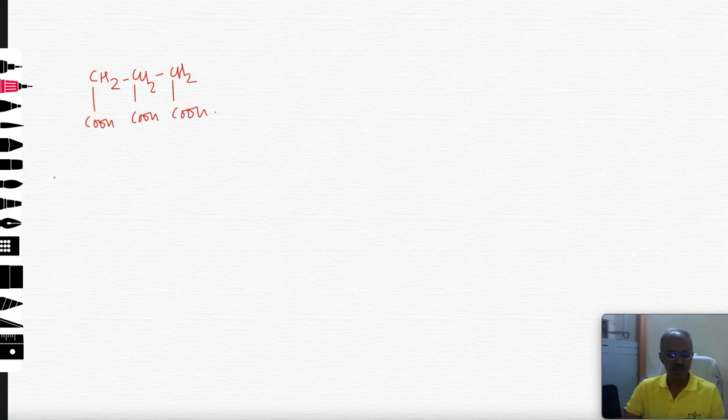Take for example CH2, CH2, CH2. Here take COOH, here COOH, and here COOH. So obviously this happens to be your longest carbon chain. So this becomes the parent carbon chain.